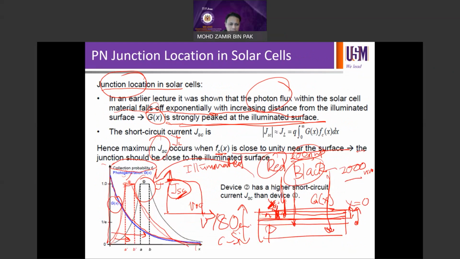We have also learned about the generation rate, G(x), which falls off exponentially into the device, and how that can be correlated to the collection probability that we learned on the previous page, which helps us to design the junction depth of our device.